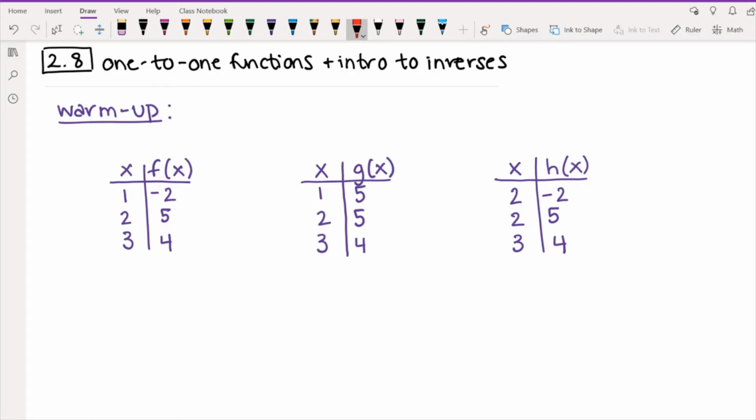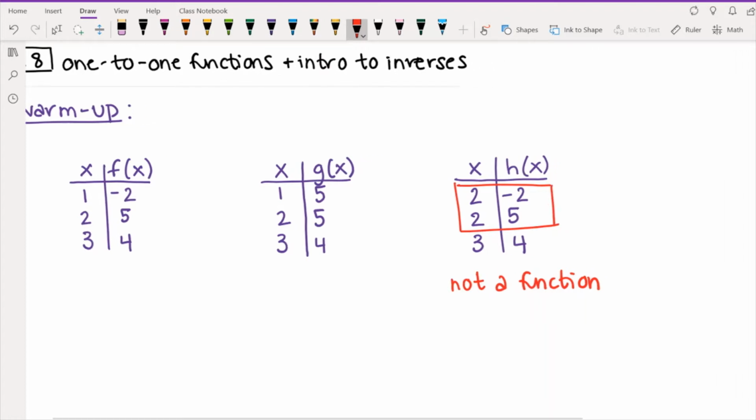Okay, so which one of these is not a function? Well, we talked about in the first week of class when we were learning about the definition of a function, that a function can only have one output for every input. And so that disqualifies this third table. This is not a function. And so why is it not a function? Well, it comes down to this part, right? So the issue is that we have the same input and we have two different outputs going with that input.